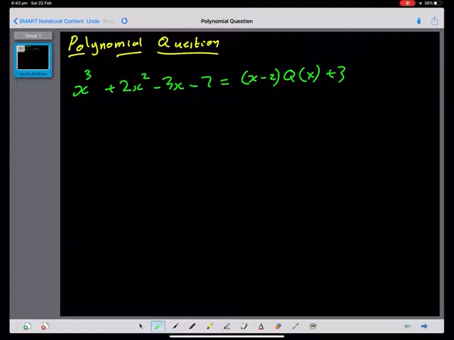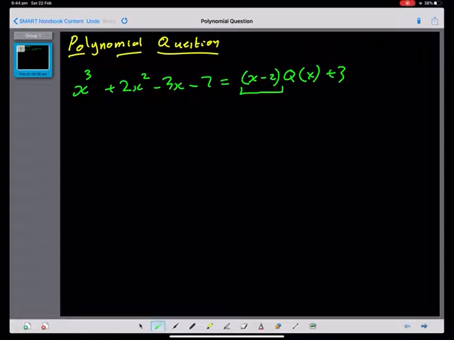Okay, so hopefully you can recognize that q of x must be a quadratic, because we've got this x minus 2 bracket here, and q of x multiplies this bracket and we get a cubic. So q of x must be a quadratic.